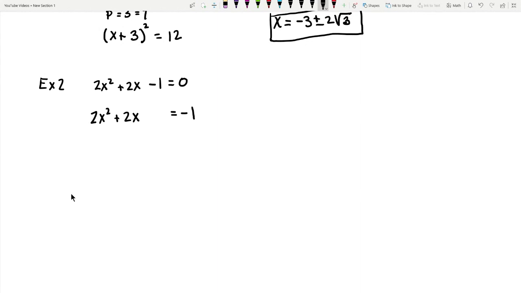Now I can't complete the square if I have a leading coefficient. So I have to factor that leading coefficient out. I'm going to do it after I move the constant. You're always going to do it after you move the constant. So I'm going to take the 2 out here.